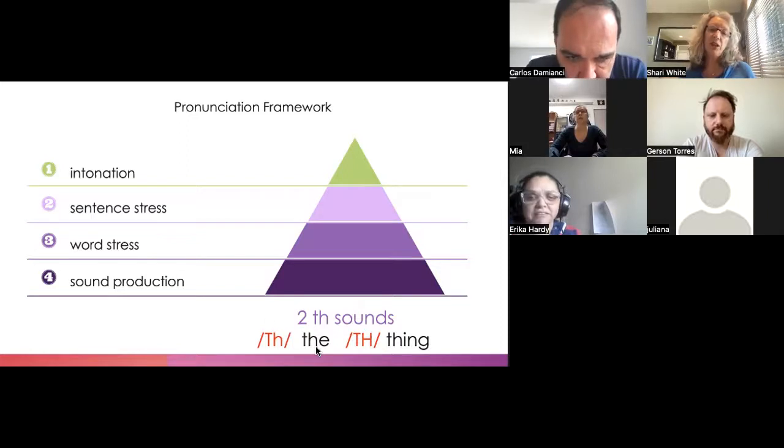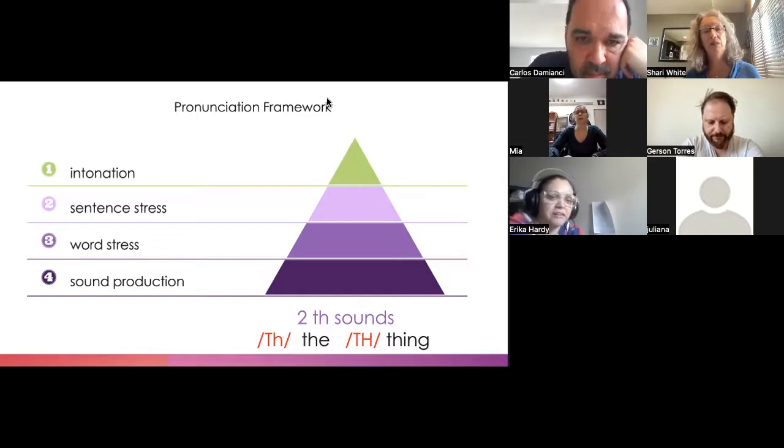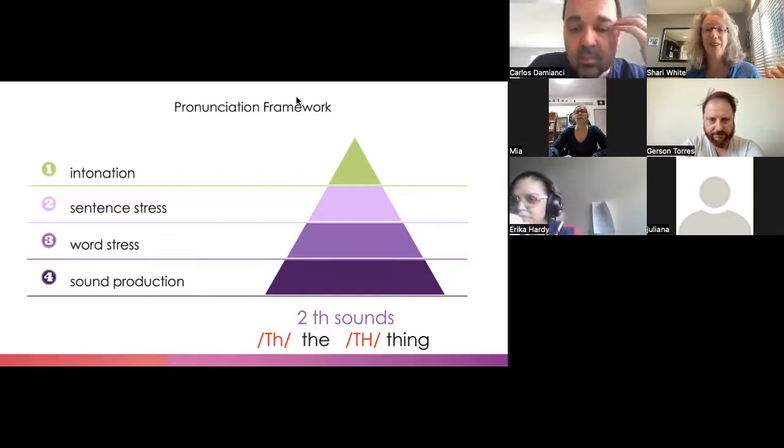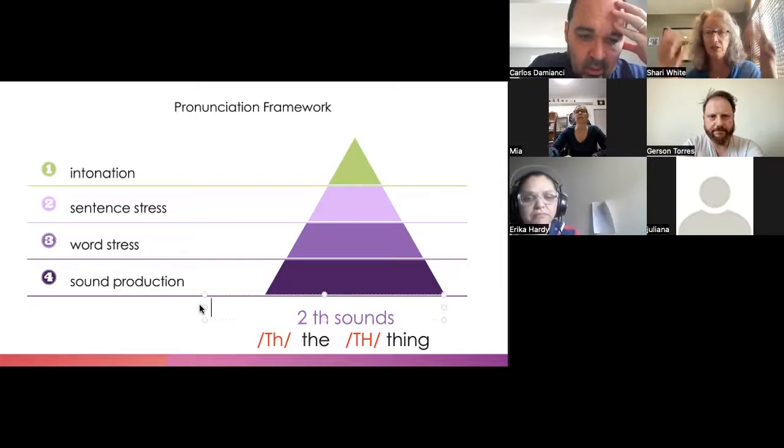Okay, so let's think of other words that are similar so that you can see how popular these sounds are in the English language. So what are some other words that make this the sound? Just shout out some other words.